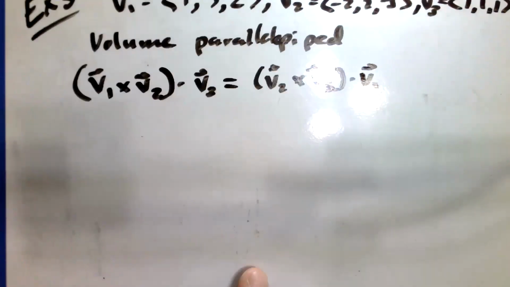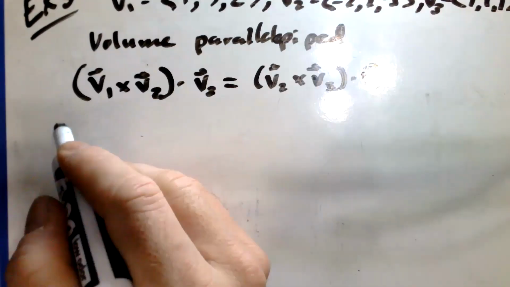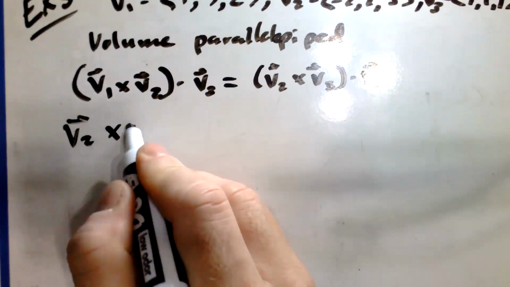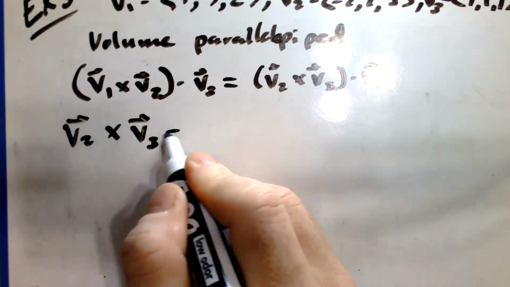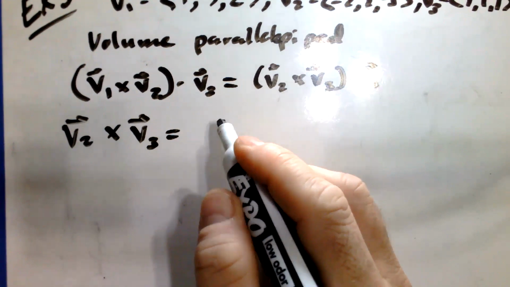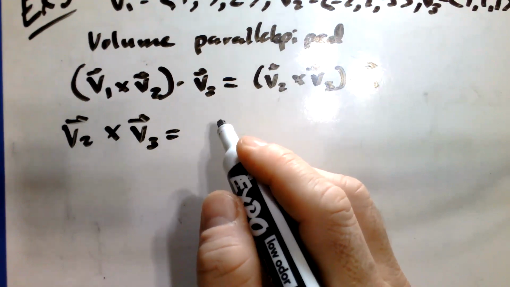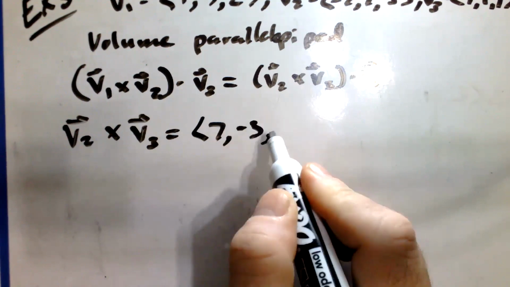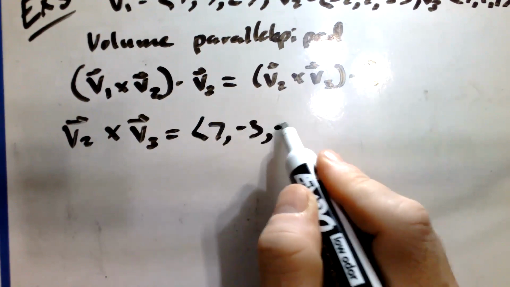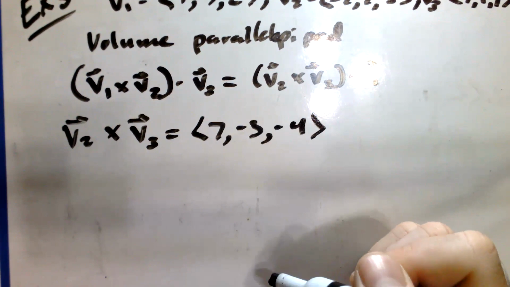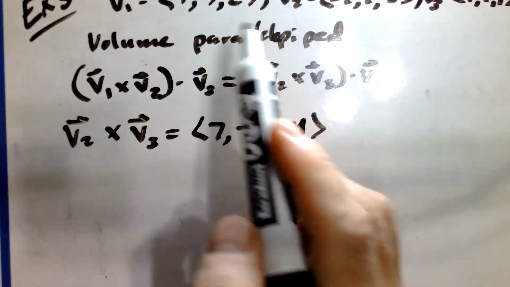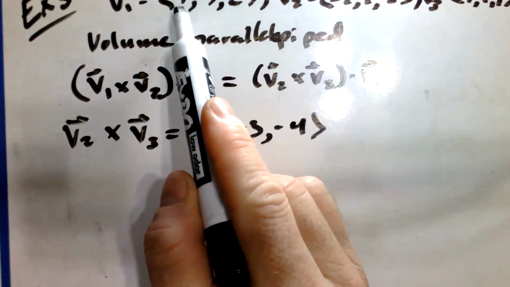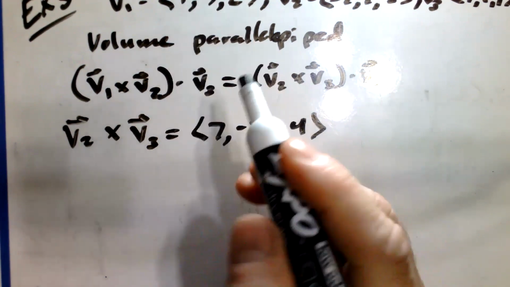So if we take V2 cross V3, the result of this cross product yields the vector 7 in the I hat, a -3 in the J hat, and a -4 in the K hat direction. Now I want to take this and dot it with V1 here.